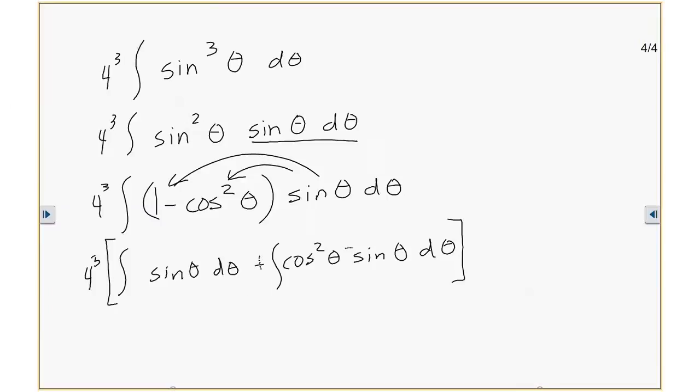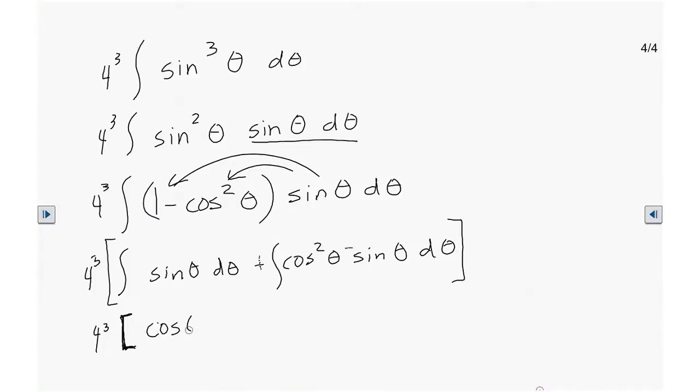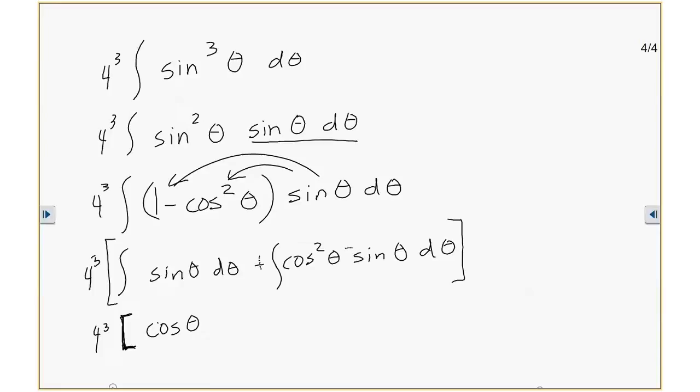So that means I've got 4 to the third. The integral of the sine is the what? I'm going with what y'all tell me. So you need to check your paper. Thank you.